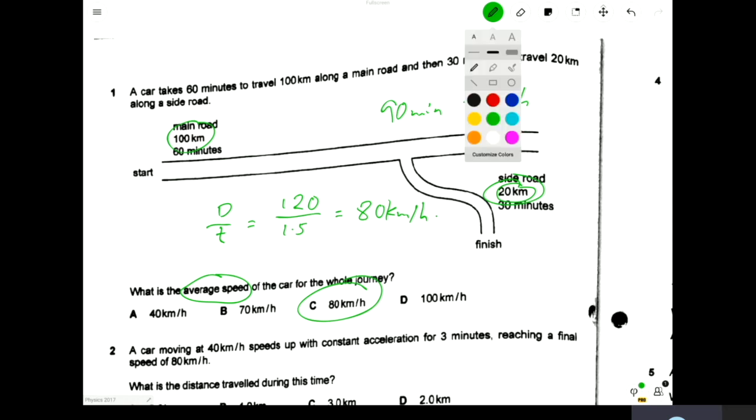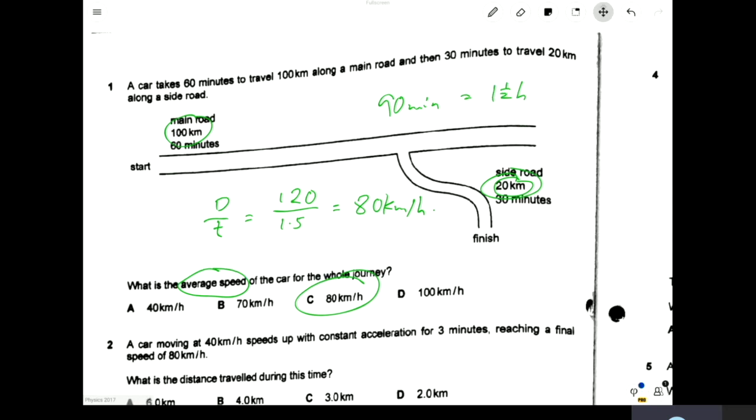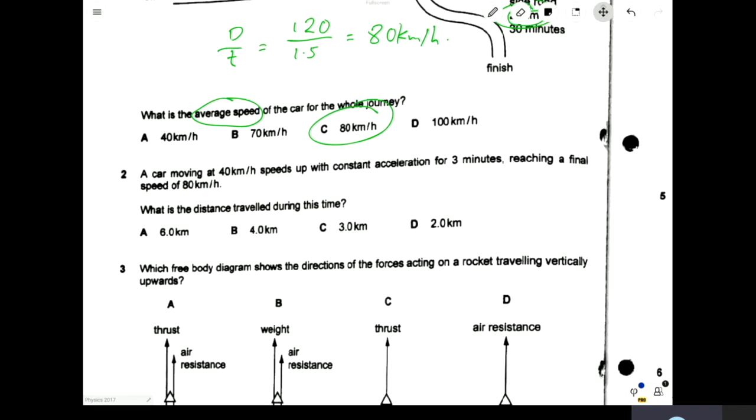Next. A car moving at 40 km/h speeds up with constant acceleration for 3 minutes, reaching a final speed of 80 km/h. What's the distance traveled? To find this, let's try to draw a speed-time graph.